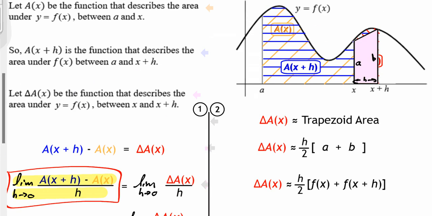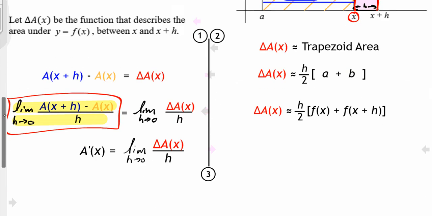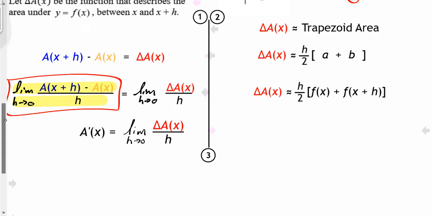So this height here, since this is x, this height is f of x. And this height over here is going to be f of x plus h. True? Okay, so that's all I did. I just did a substitution, replaced the A with f of x, B with f of x plus h. Good?